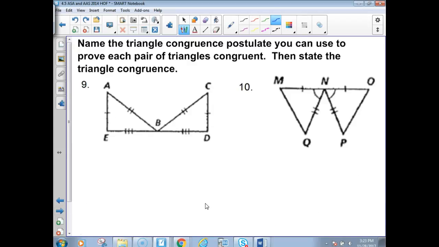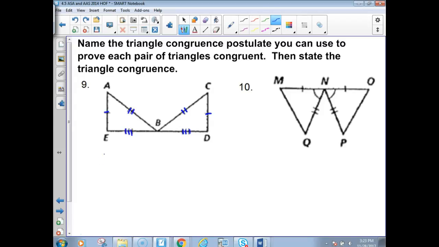All right, now, name the triangle congruence postulate you can use to prove each pair of triangles congruent, then state the triangle congruence. What that means is, first thing we do is say, oh, wow, I got 2 pairs of sides, another pair of sides, I have actually 3 sets of sides congruent, so this is definitely congruent triangles. So let's state them. Someone give me a way to name this triangle right here.